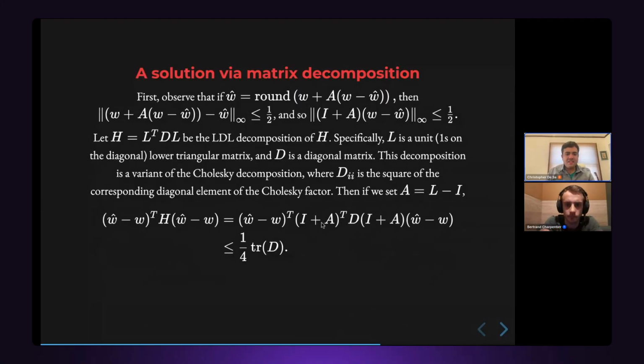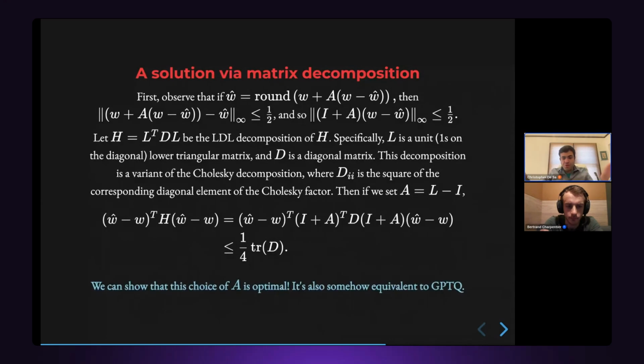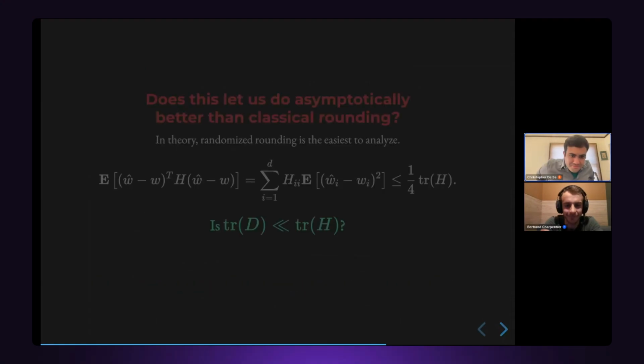And so because this is a vector whose entries are all bounded by 1/2 in magnitude times the diagonal matrix times that same vector, the error must be less than or equal to 1/4 times the trace of that diagonal matrix. And you can show theoretically that this choice of A is optimal, and this also is equivalent, in terms of the result that is actually computed, to GPTQ, which was a really popular and still is quite popular pre-existing algorithm.